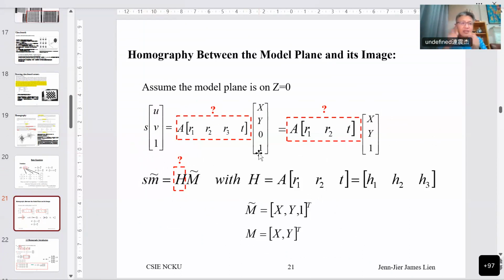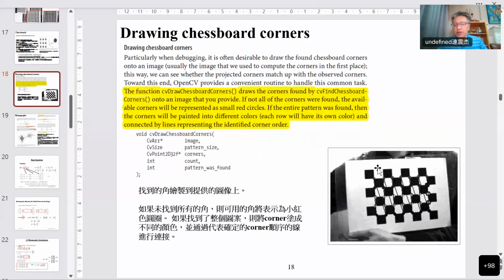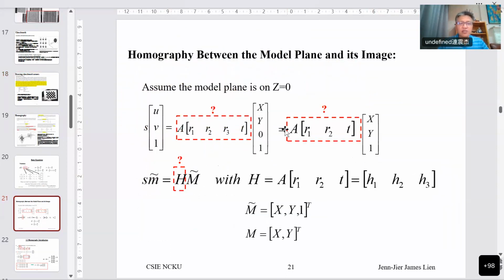We know this corner, and between two corners is 2 centimeters, but sometimes 1 centimeter is fine. You just need to know it, and how many points we also know. So in this case, we know the 3D things.